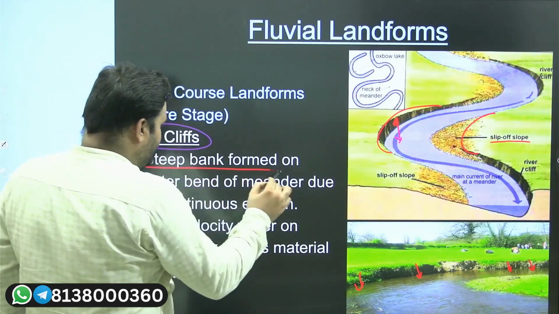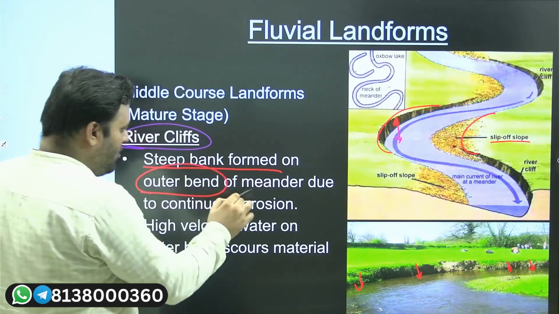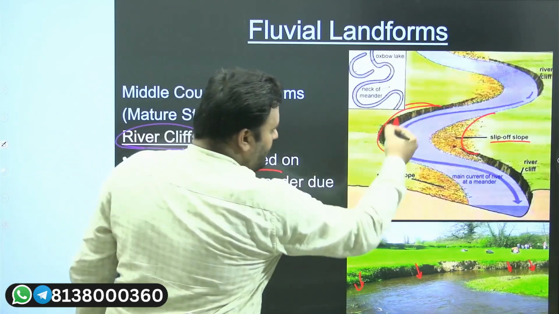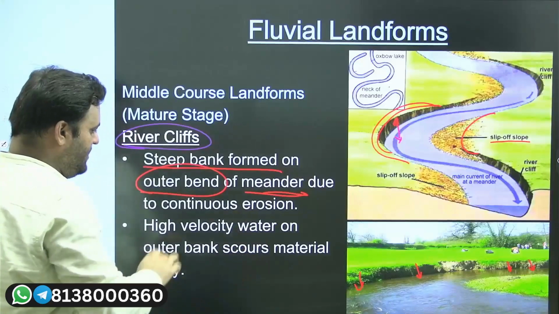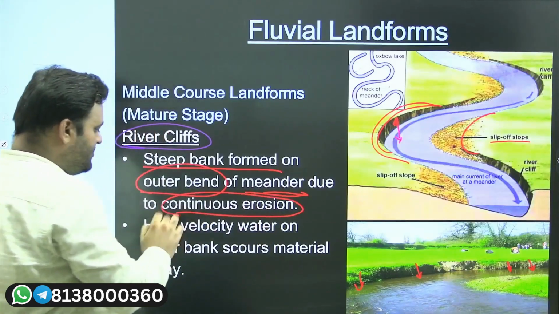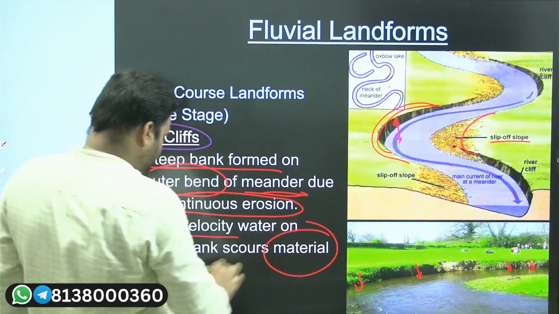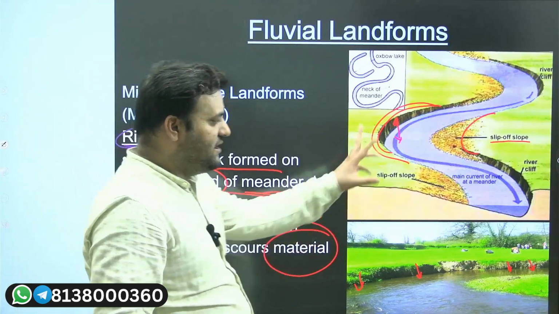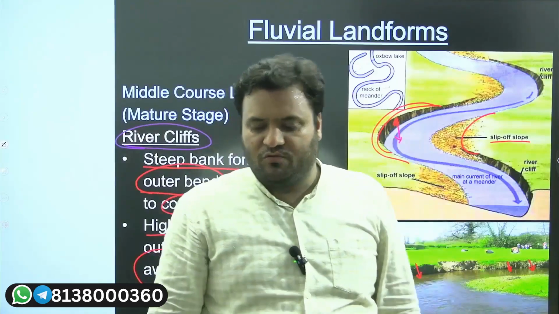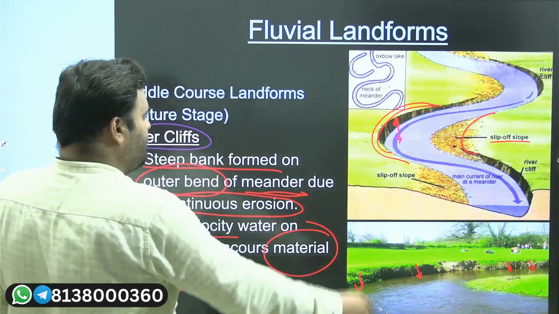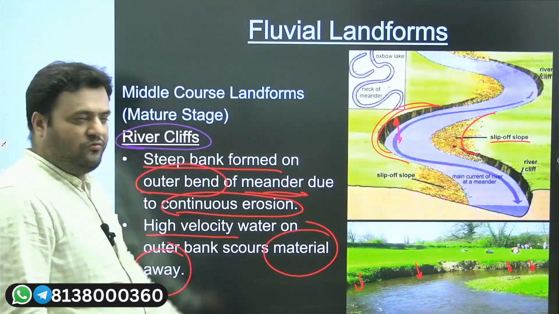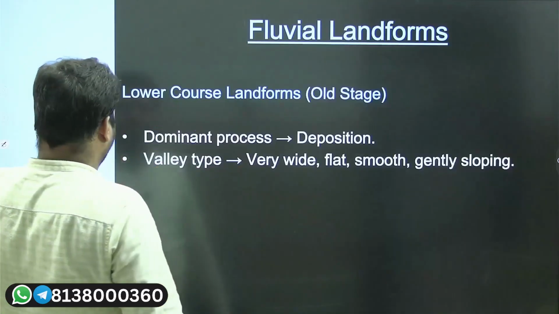So steep banks formed on the outer bend of the meander are subjected to continuous erosion because of the high velocity water, and this leads to movement of material and the formation of river cliffs in this way. That's how river cliffs are likely to form.